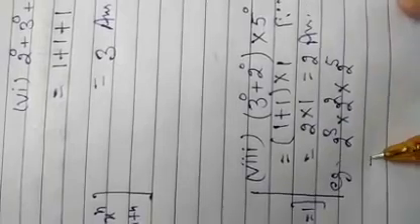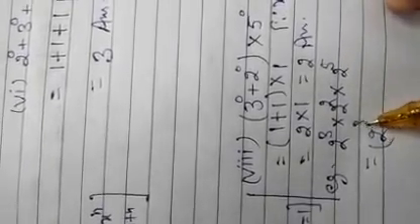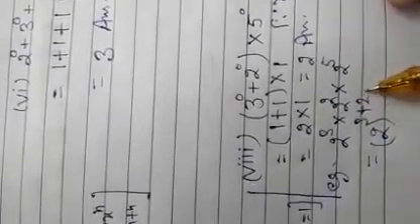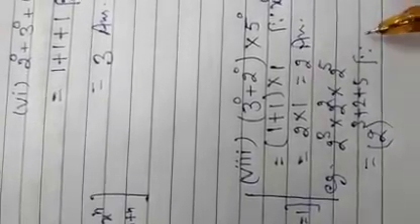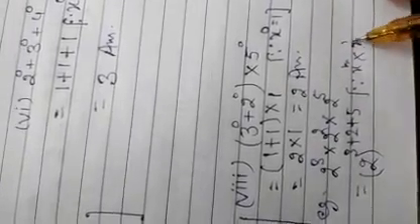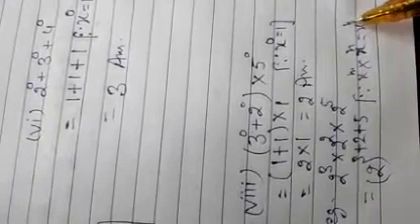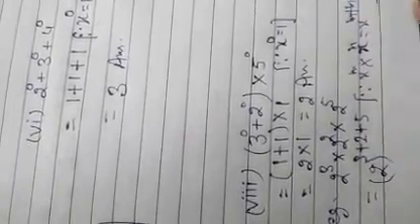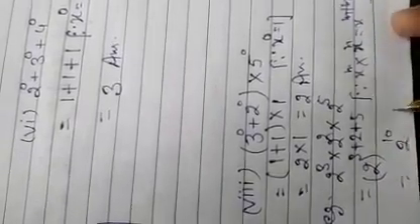We will keep the base the same and add all the powers, that is 3 plus 2 plus 5. And inside we will mention the reason because x raised to the power m into x raised to the power n is equal to x raised to the power m plus n. So according to this, it is 2 raised to the power 10. So this is our answer.